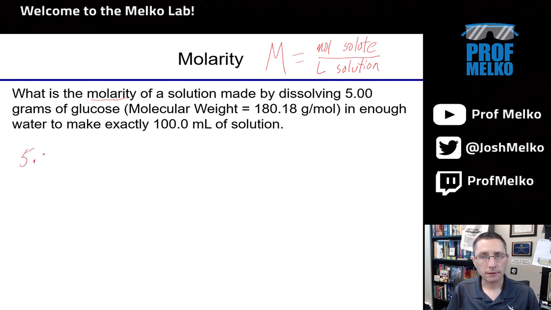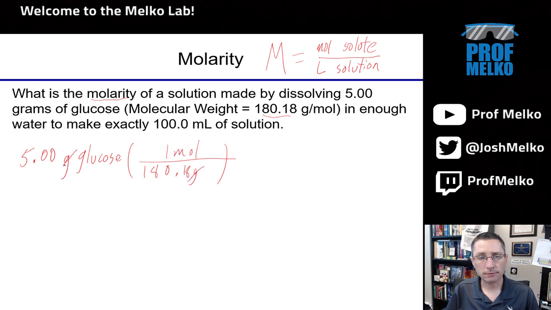So the first thing I want to do, and as a chemist, I always want to get out of grams and put it into moles. So I'm going to convert grams of glucose to moles of glucose using the molar mass, which I don't have to look up. I'm given it free of charge in this problem, 180.18 grams per 1 mole.